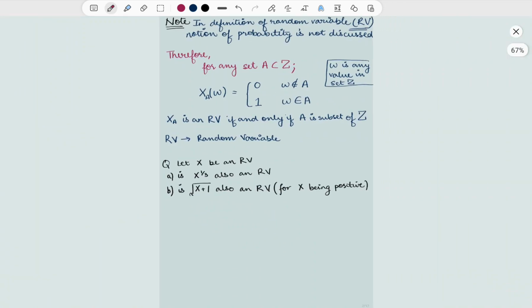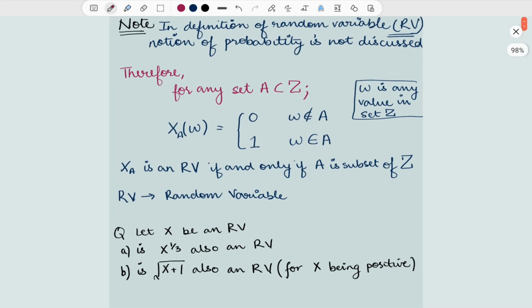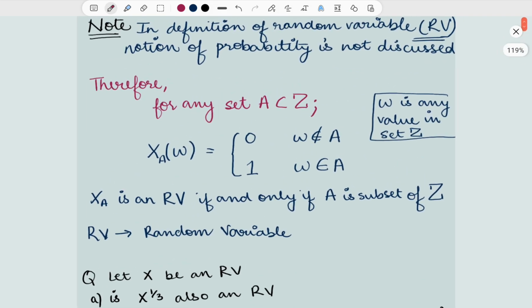I already told you that in a random variable we didn't discuss the notion of probability. Therefore, continuing the concepts of random variable, for any set A belonging to superset Z, x a omega equals 0 or 1. This is Bernoulli's interpretation. So x a is a random variable if and only if a is a subset of Z.